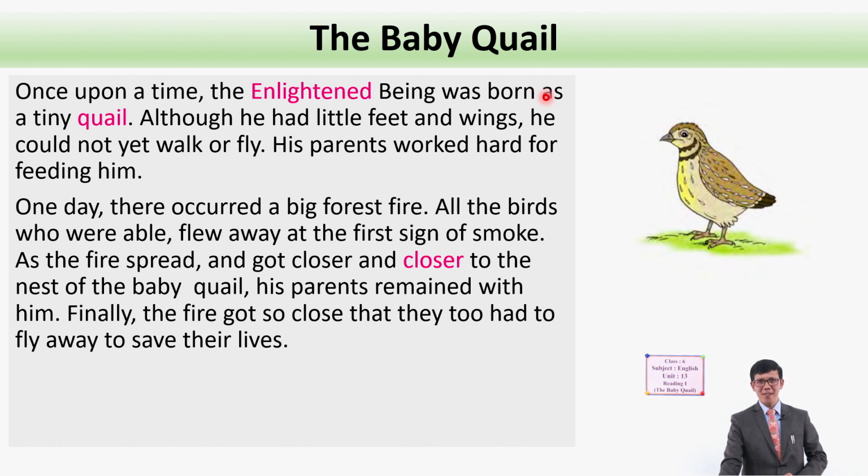The Baby Quail. Once upon a time, the enlightened being was born as a tiny quail. You see there, long back, many years ago, the enlightened being was born as a tiny quail, a small quail.